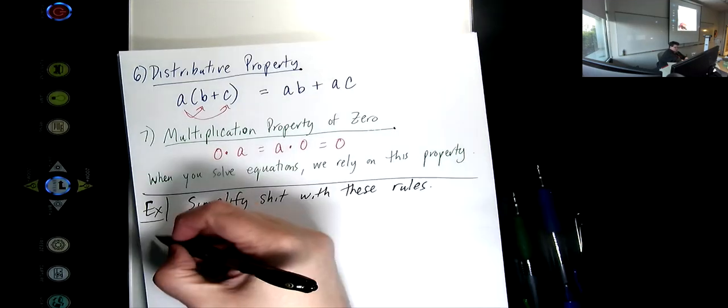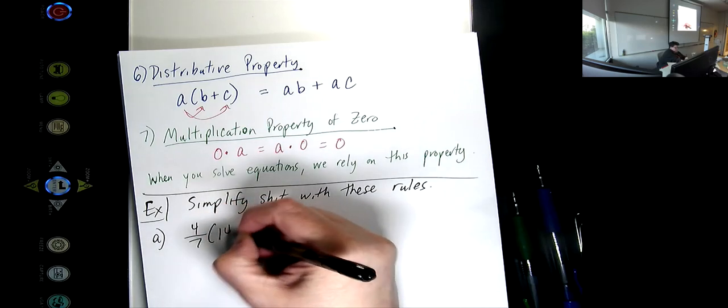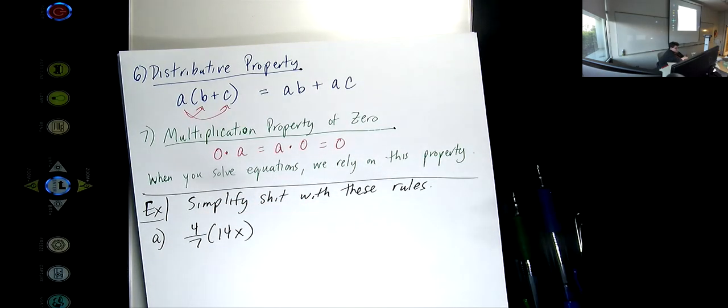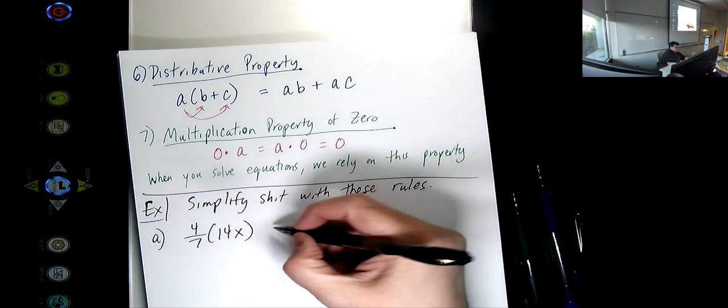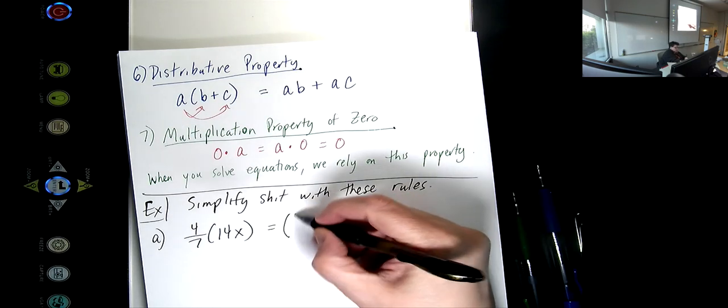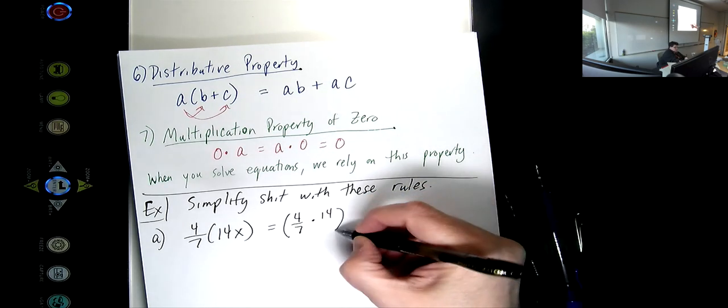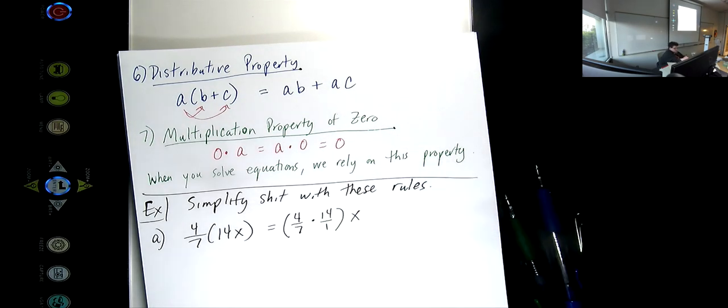So for example, if I've got 4 sevenths times 14x. The associative property says I don't need to multiply the 14 and the x first. I can multiply the 4 sevenths and the 14 first. And I'm going to make that 14 over 1.